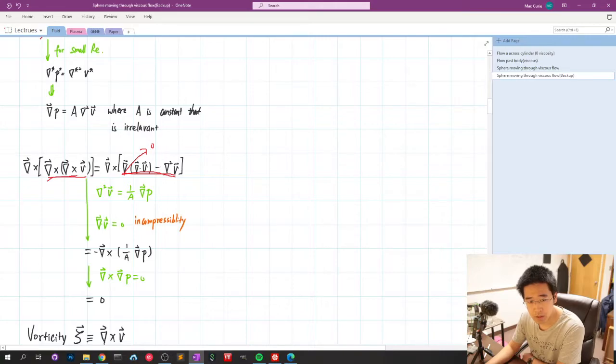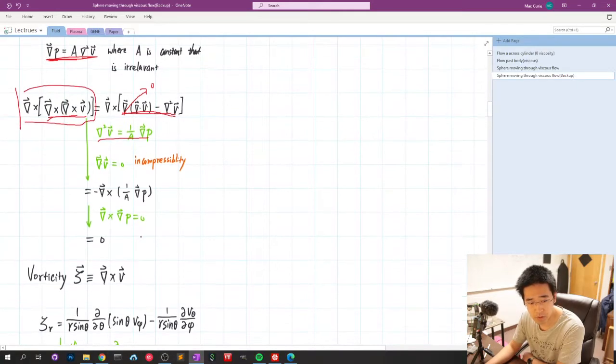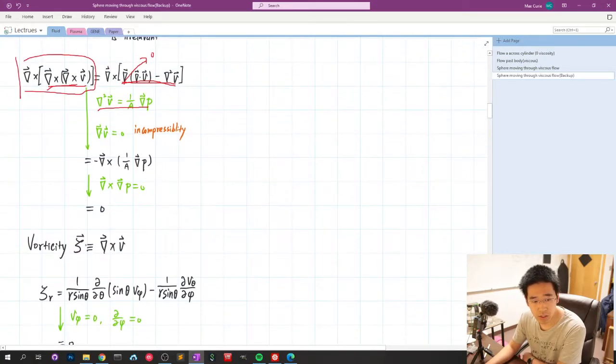And the Laplacian can be transferred, we can use this to substitute the Laplacian, and we know that the curl of a gradient is equal to 0, so this thing is 0. And we know the vorticity is defined as the curl of velocity.